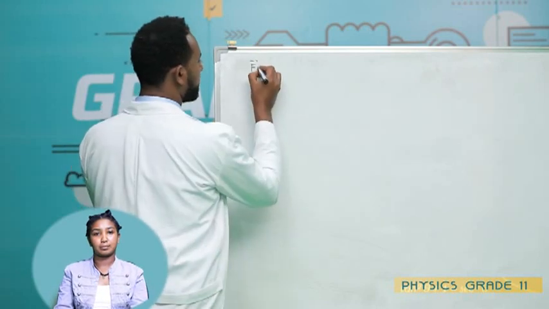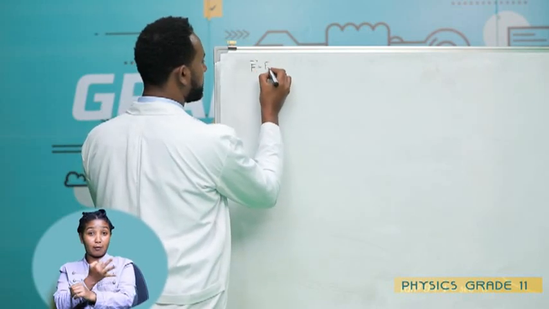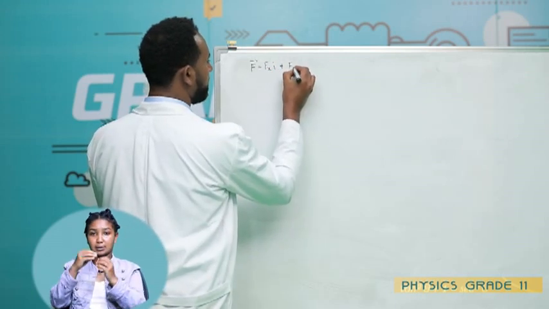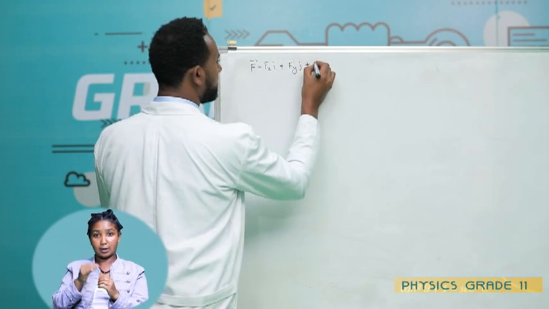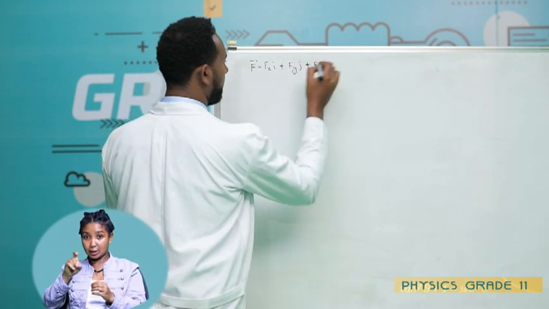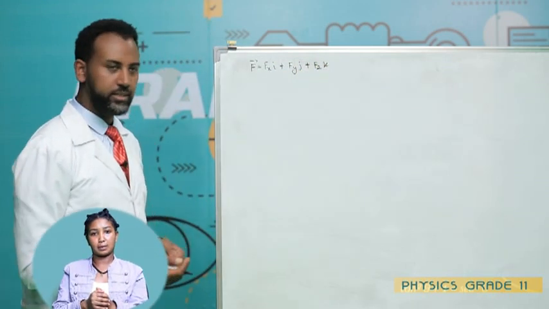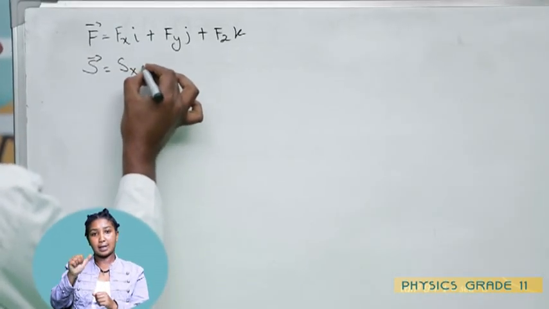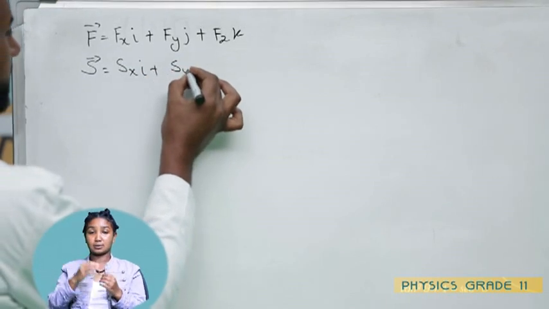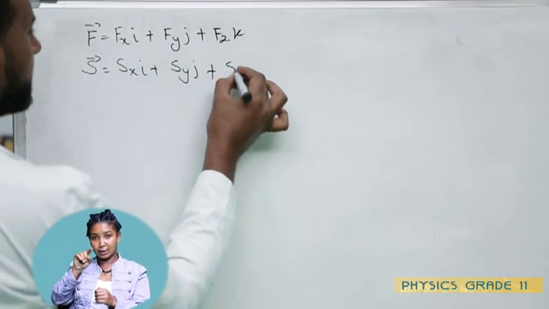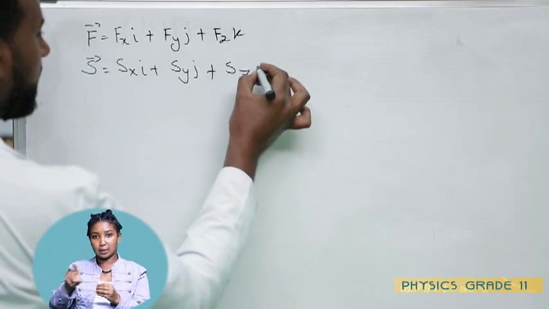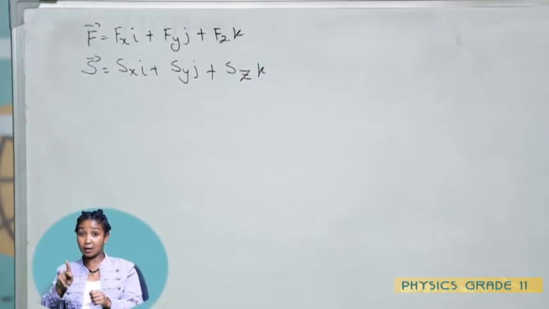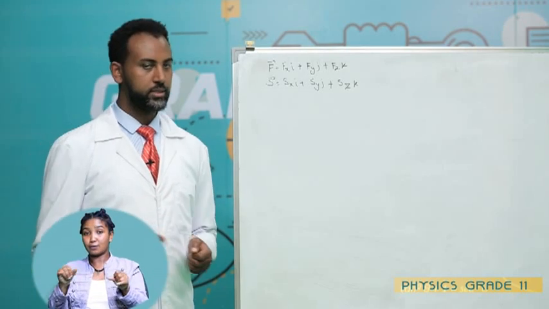Let's take force as the force component along the x-axis, Fx in i, plus Fy in j, plus Fz in k. Let's take displacement S as Sx in i, plus Sy in j, plus Sz along k, where i, j, and k are unit vectors along x, y, and z.